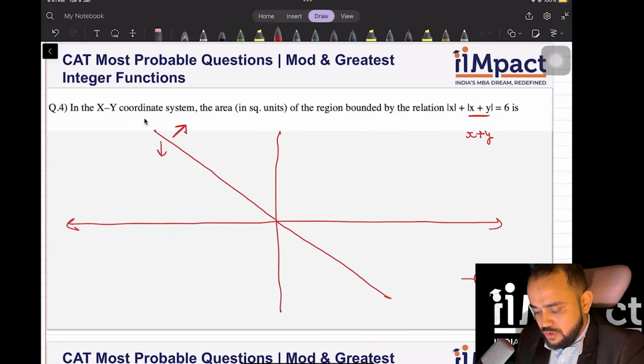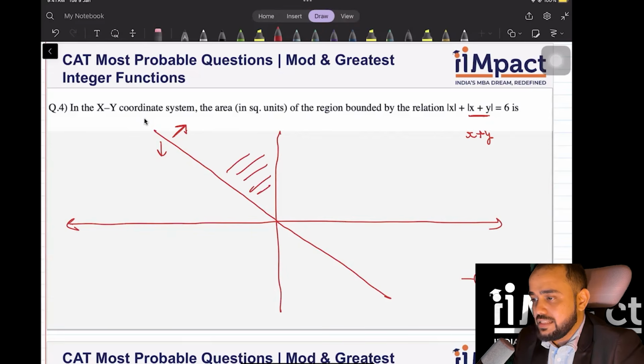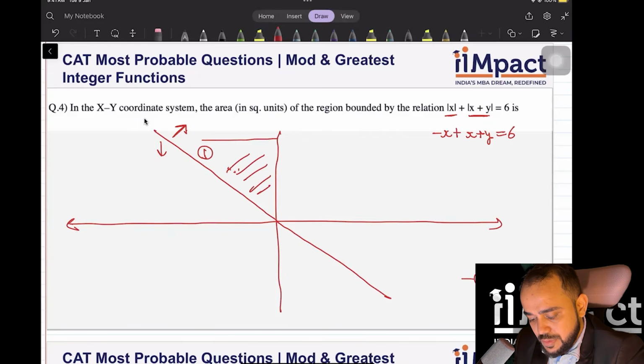Clear? So in this region, your x will open up as minus x, because you have mod x, and your x is negative here. So minus x plus x plus y is equal to 6 is the function for region 1, which will give you y is equal to 6. So let's make that line y is equal to 6.